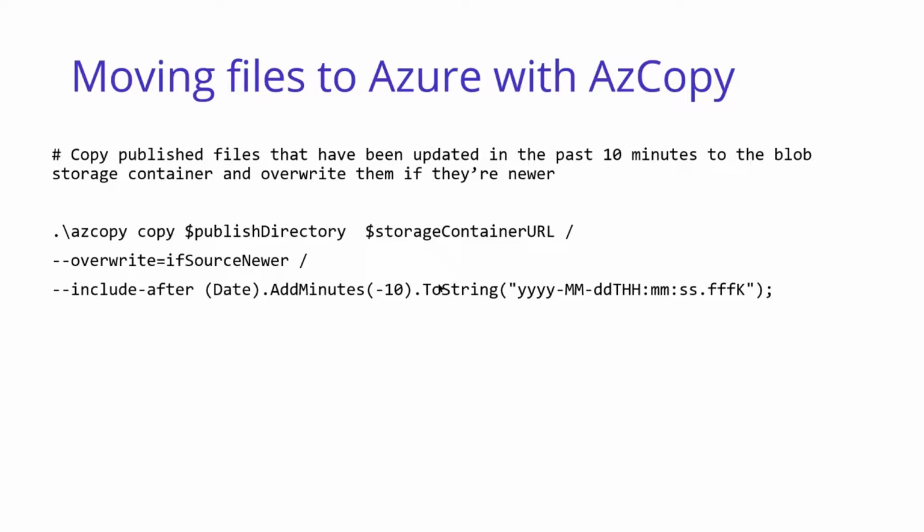And then I'm also overriding if the source is newer, because if you have a large application, it might take a while for things to update. And then I also add another flag here to only include the ones that have been updated 10 minutes ago. So say that you're updating these files and you want it to be quick and snappy, and say that the publish process will take less than 10 minutes. So you want to be able to just upload those ones that have been updated in the last 10 minutes to speed up the process. So you could do that with AZ Copy.